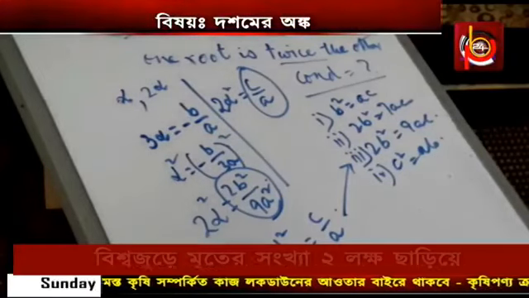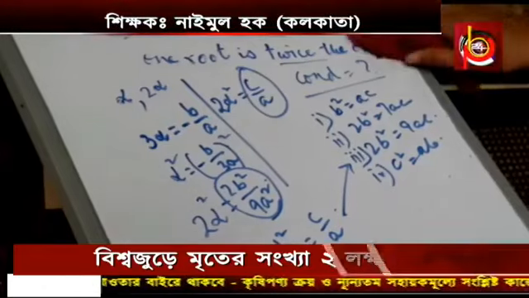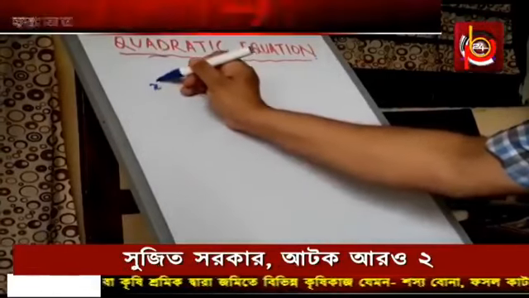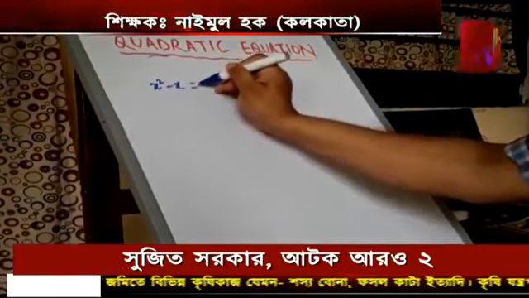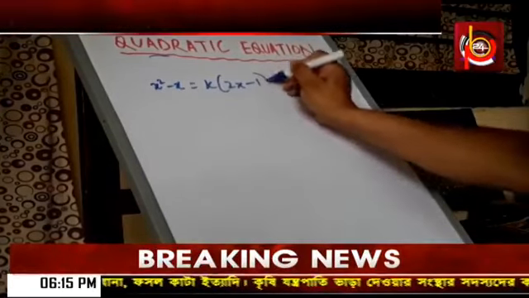I can give you one more good example in this sub chapter. Sometimes it is given that the sum of the roots is 0. I can write one equation, x square minus x equals to 2kx minus k, and this may be given in some other form.